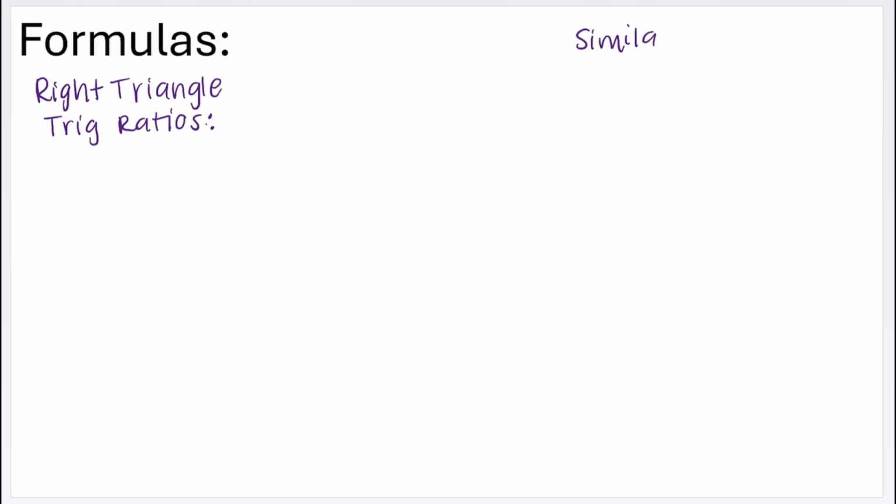So you have your right triangle trig ratios. We're going to go back through all of those. And then we use similar triangles a lot. So similar triangles.